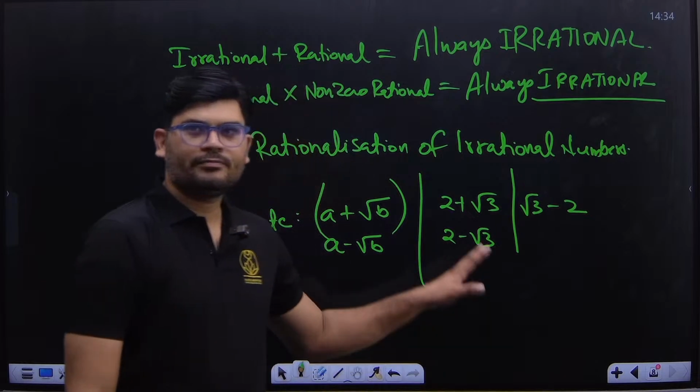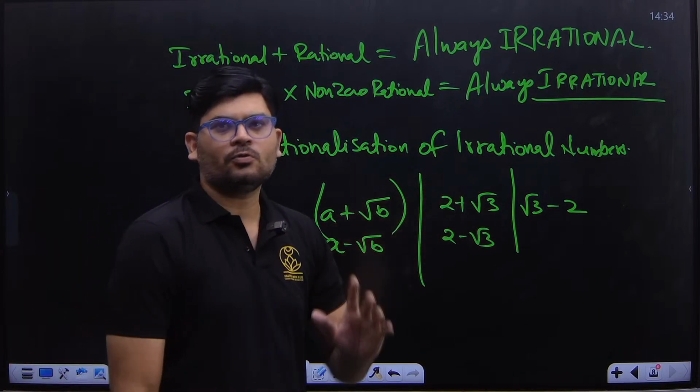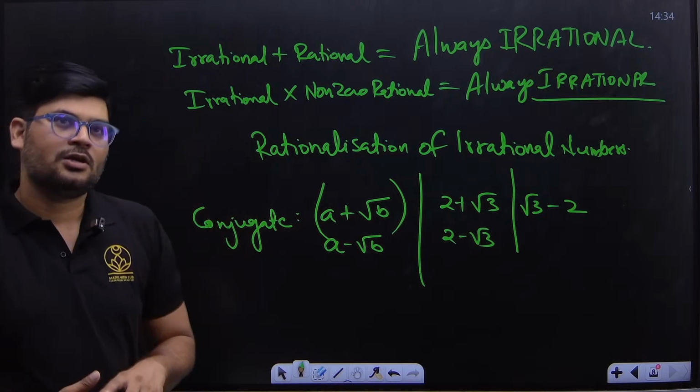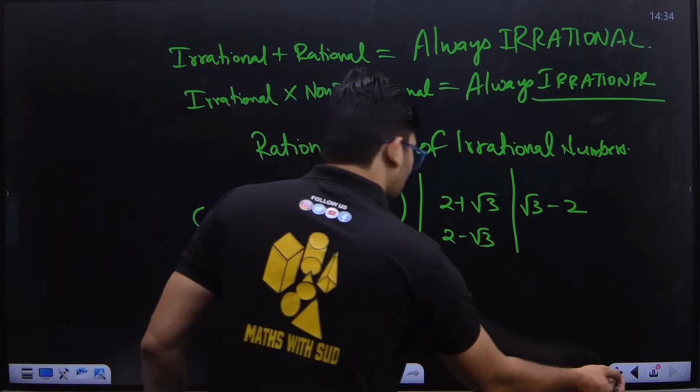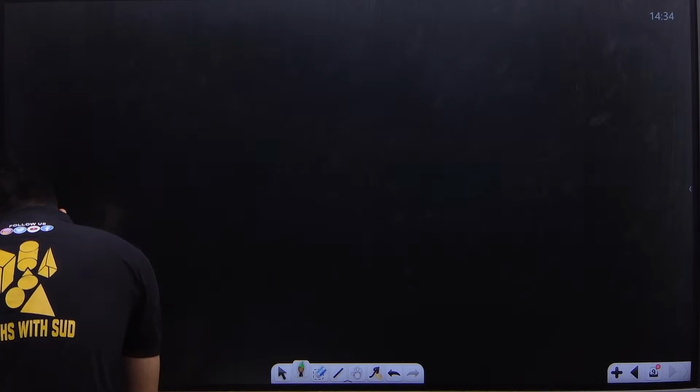Are you getting it? Yes, sir. Means you are changing the sign of any of the two terms. That is known as a conjugate. Let me see if you can tell the conjugate of some numbers.